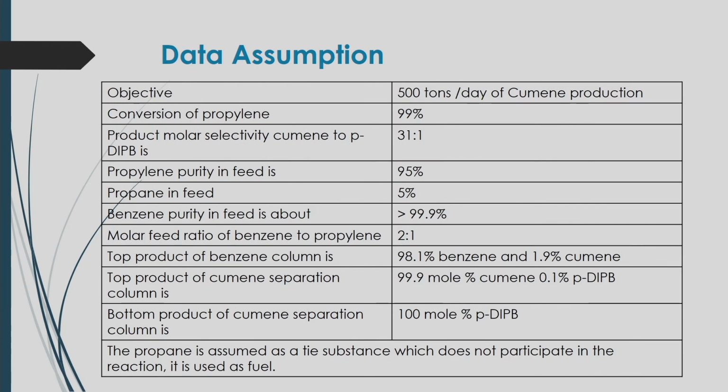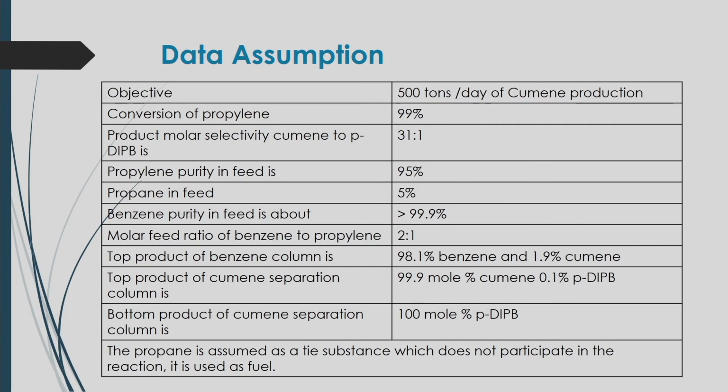Here the target is 500 tons per day of cumene production, where conversion of propylene is 99%, product molar selectivity is 31:1, and the propylene being used is 95% purity, the remainder along with that propylene is propane, and the molar feed ratio of benzene to propylene is to be maintained at 2:1, and the top product of cumene separation will be 99.9 mole percent cumene, and the remaining 0.1% will be byproduct.